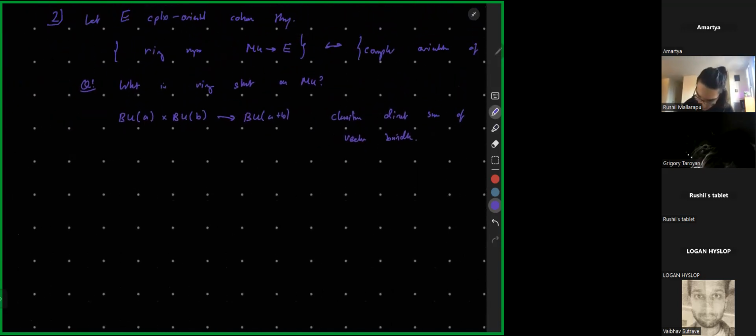Then by taking Thom spectra, we get a map from MU_a tensor MU_b to MU_{a+b}.